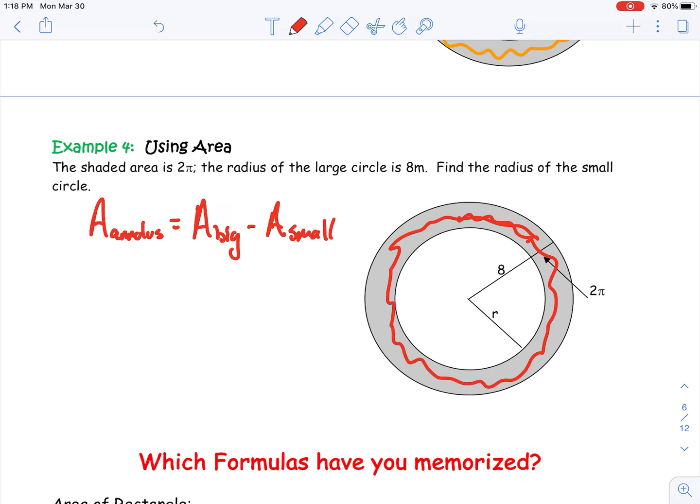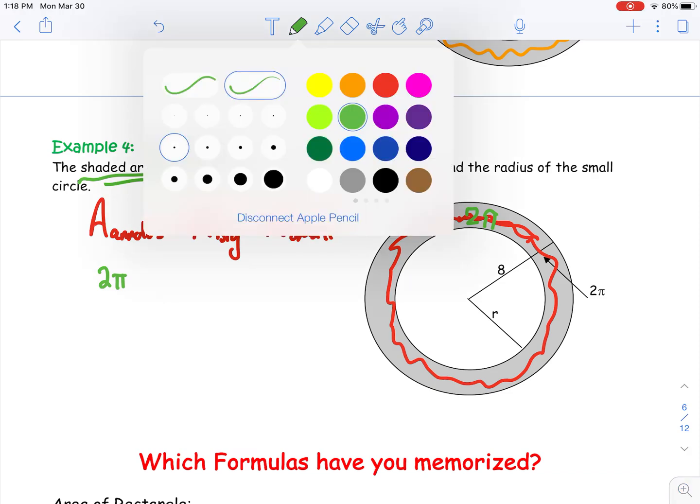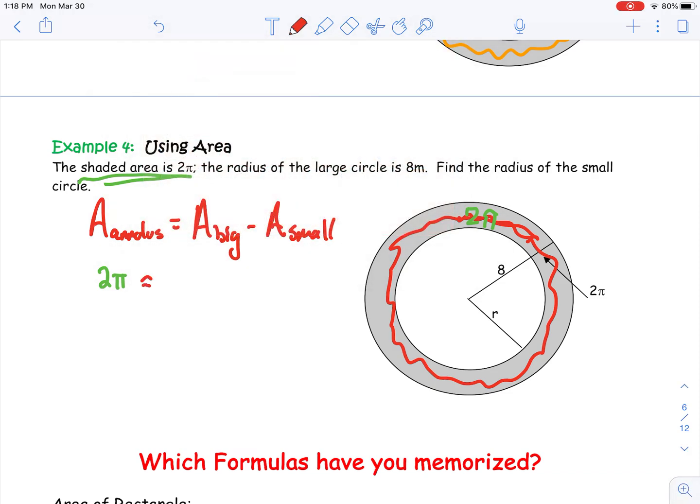Well, what do I know about these particular things? One, I was told what the shaded annulus's area is. This is 2 pi units. Okay, that's helpful. What else do I know?